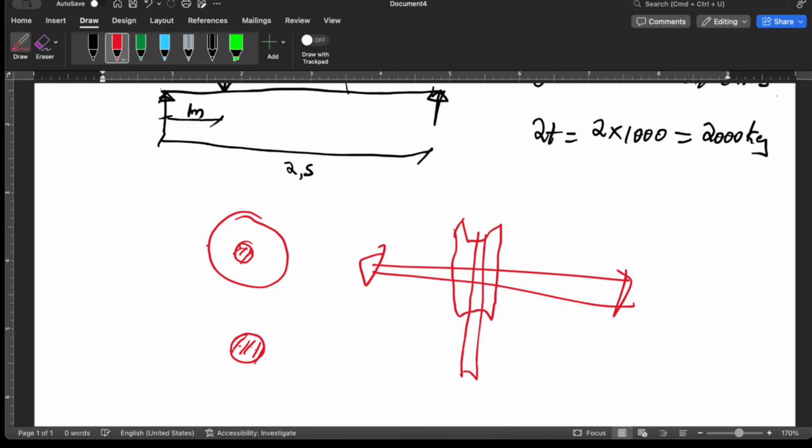So in this case, you are connecting these two by the belt. If there is too much tension, this belt will pull this one downwards and it will also pull this side downwards.